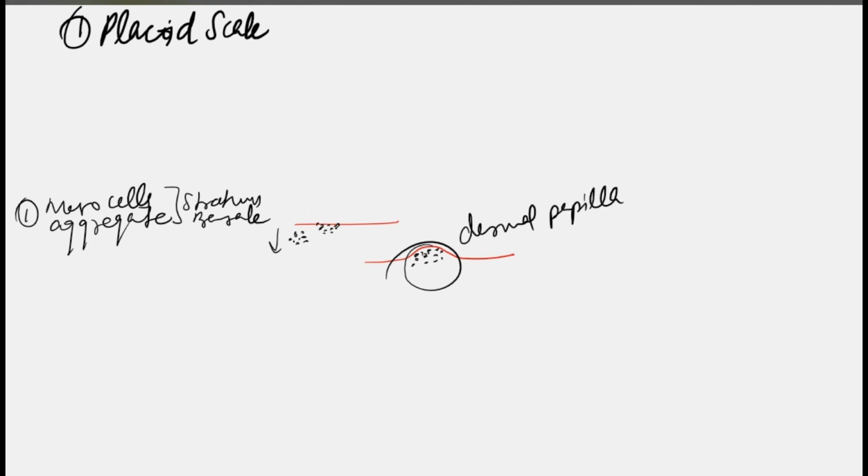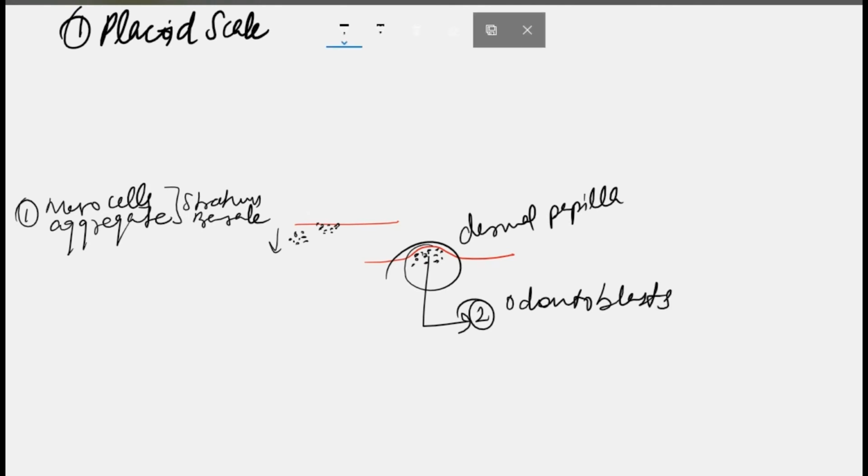Some cells out of these mesodermal cell aggregates are going to change into odontoblasts. And the function of these odontoblasts is to secrete dentine just below the epidermis.